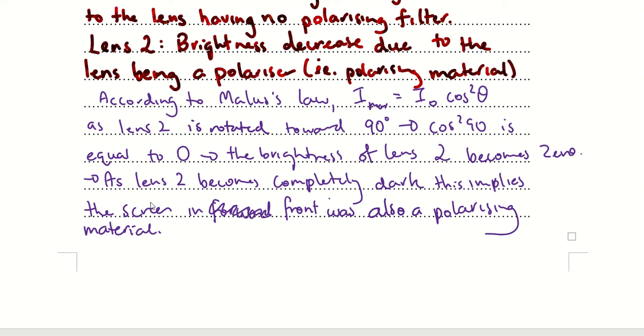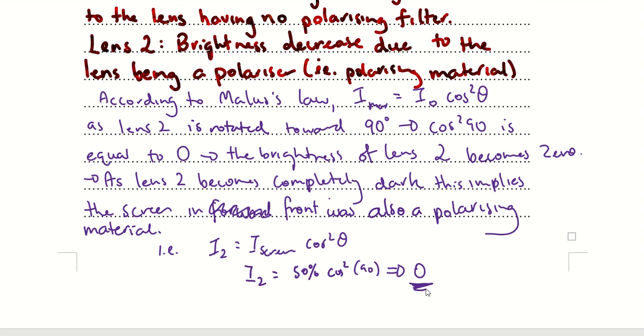Okay, so the kind of equation we're getting here is, e.g., the intensity of screen 2 is equal to the intensity of the screen, cos squared theta, which we can rewrite as screen was 50%, cos squared 90, that leads to 0 either way. Okay, so there's that, it's polarizing material.